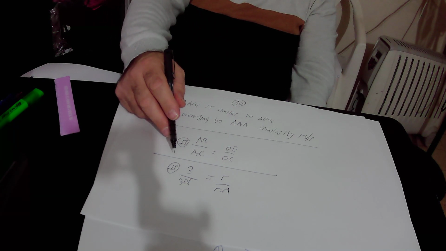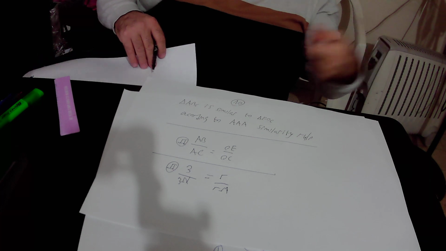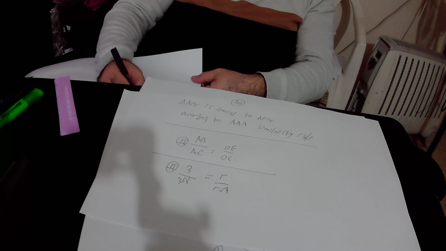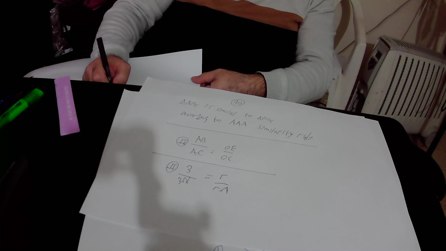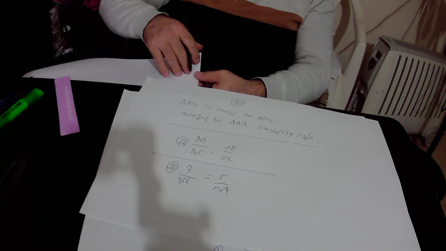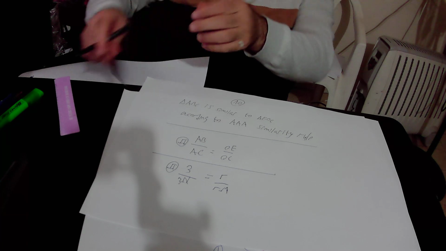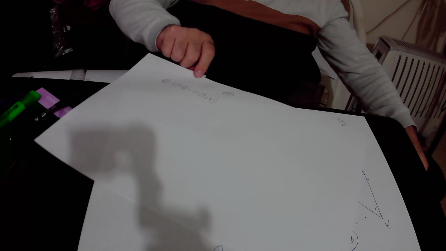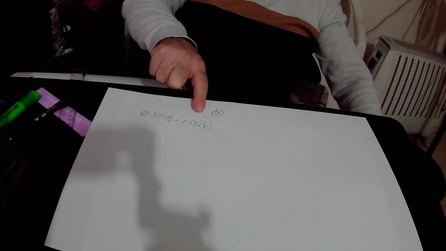Here we will cross multiply equation number 2, and we get that 3 times R plus 1 equals R times 3 plus X.